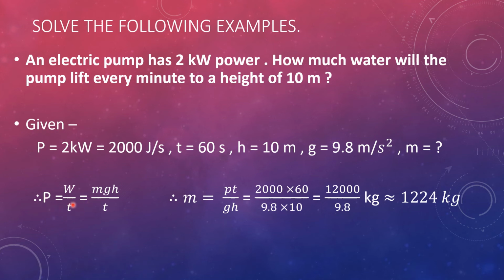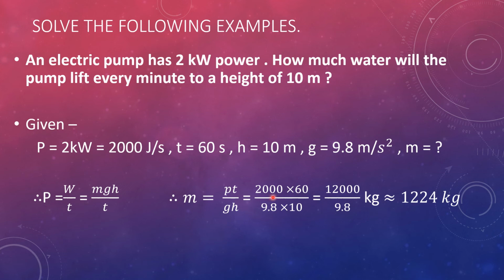P is equal to W upon T. But W is equal to work done, and that is equal to the potential energy. So it is equal to m into g into h upon T. Therefore, shift this T to this side and gh is also to this side, and we get m is equal to P into T upon gh.